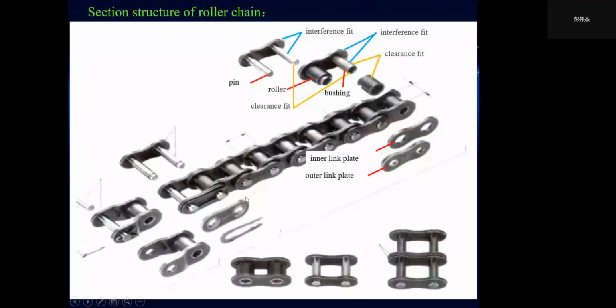In a roller chain, the pin and the outer link plate are press-fitted. So there is interference fit between pin and the outer link plate.